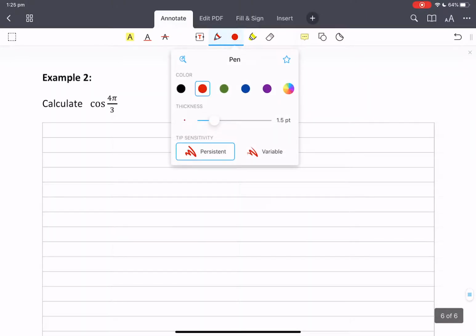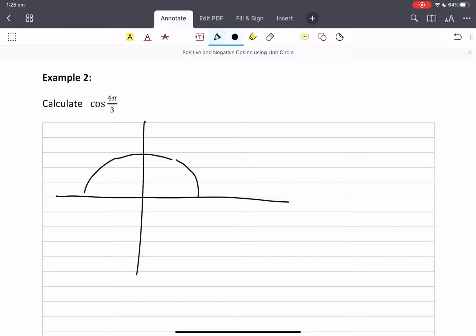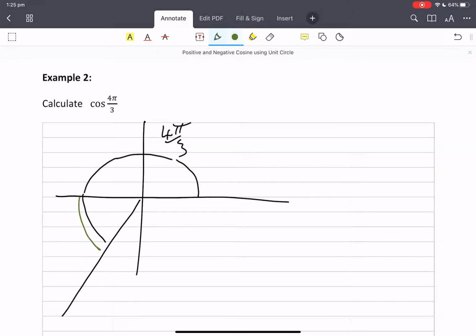4 pi on 3. We love radians. Where's 4 pi on 3? So that's 1 pi on 3, 2 pi's on 3, 3 pi's on 3, 4 pi's on 3. So that's 4 pi on 3. And we need this little green.